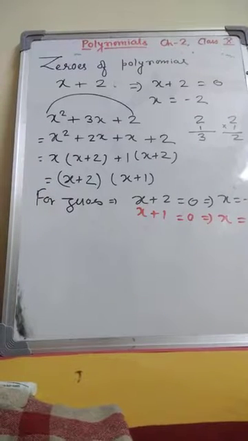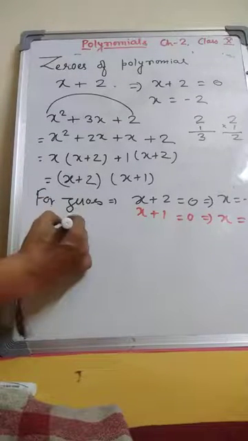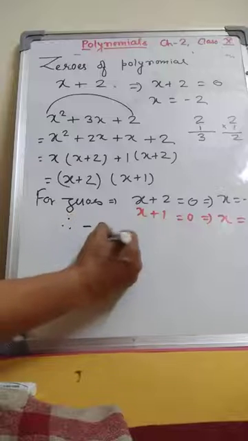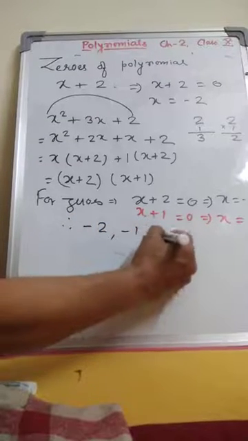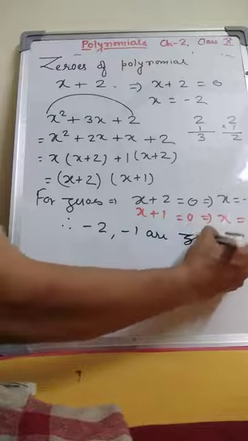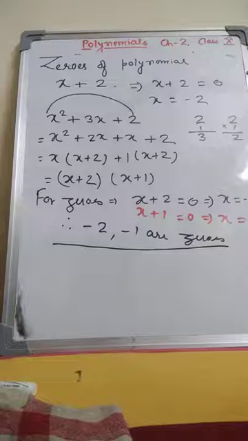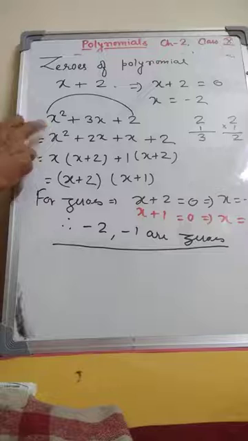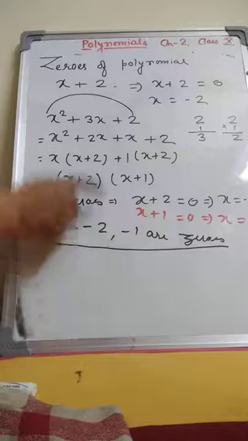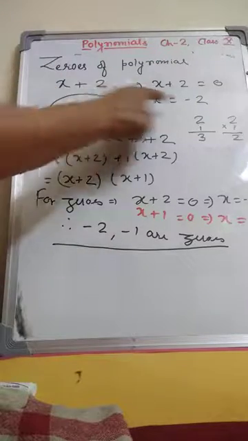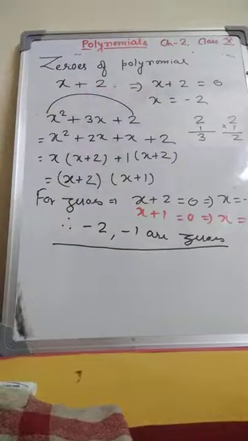Therefore, minus 2 and minus 1 are zeros of the polynomial. Since it is quadratic, therefore 2 zeros are there. Since it is linear, therefore 1 zero is there.